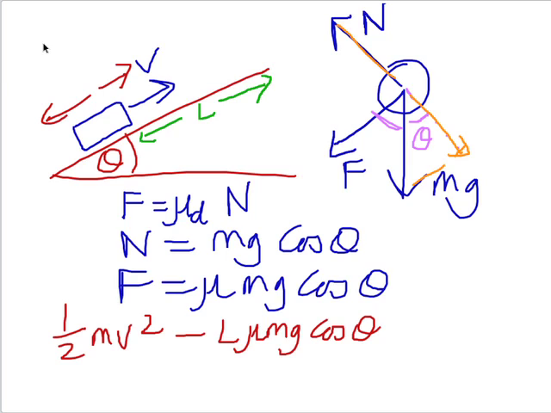So that's the initial energy, minus the work, equals the final energy, which is mg times the height. So it's h here, and h equals L sine theta. So that's equal to mg L sine theta.